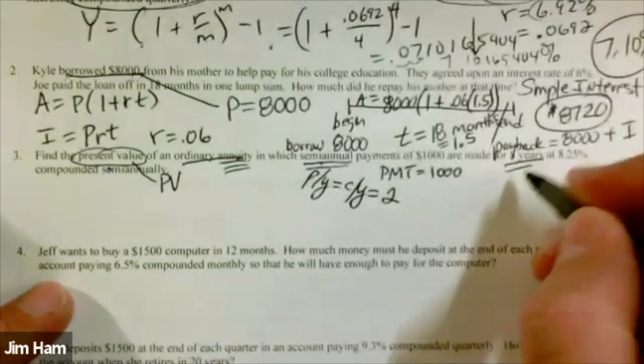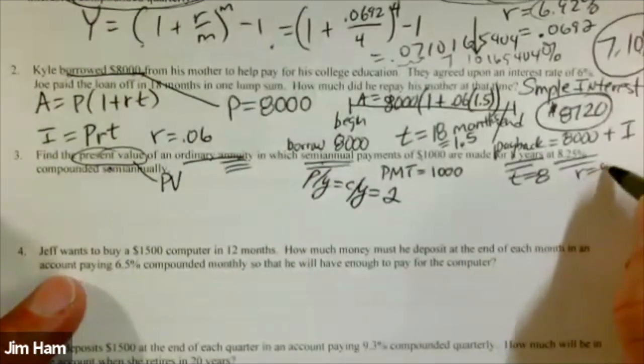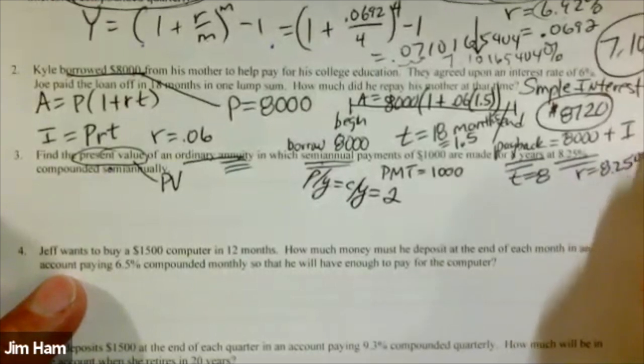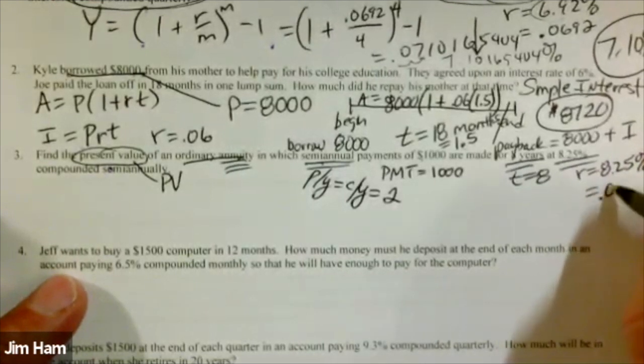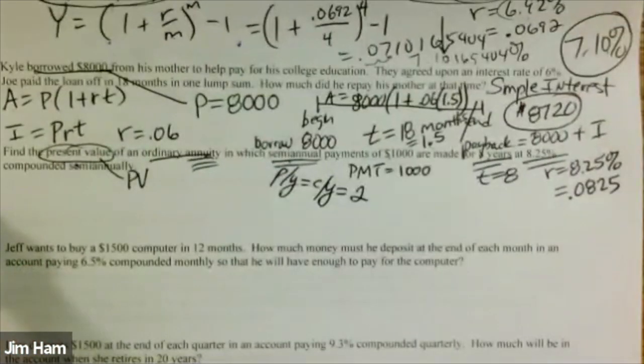For 8 years, T is equal to 8 at the interest rate of 8.25%. If you want the decimal, if you're going to use the formula, then you need to insert the 0.0825. But we are definitely not going to use the formula in any problem dealing with an annuity.